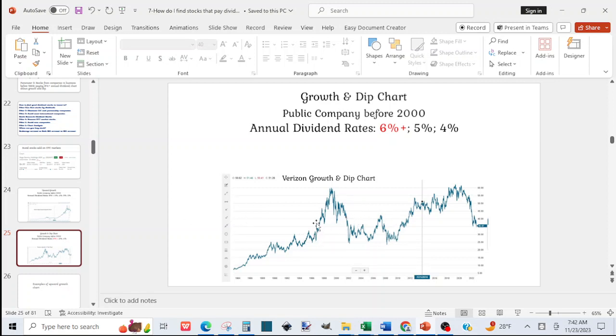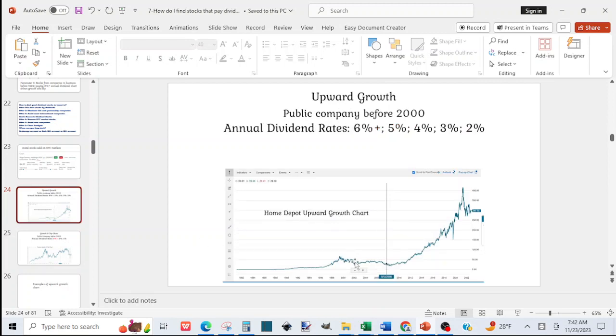By growth and dip, you will see those growth and dip, there will be a pronounced growth and dip. For the upward, the zigzags are kind of small. Yes, we do have a dip here that is quite pronounced, but it didn't happen for a long period of time, so it's like a line there, and we do have a growth here as well.